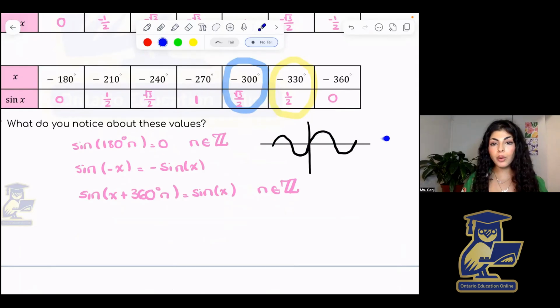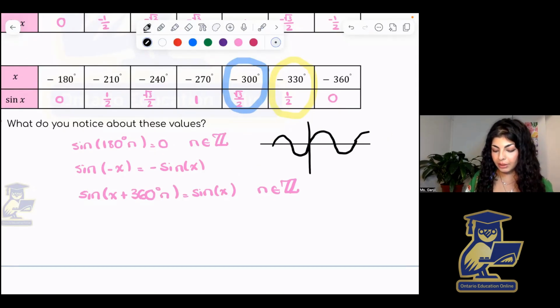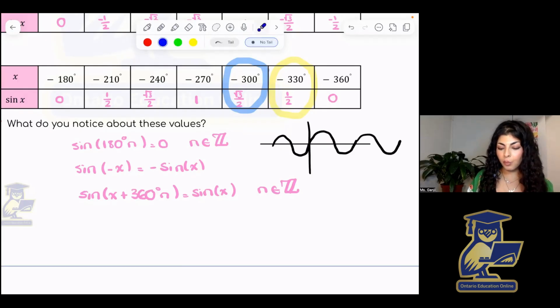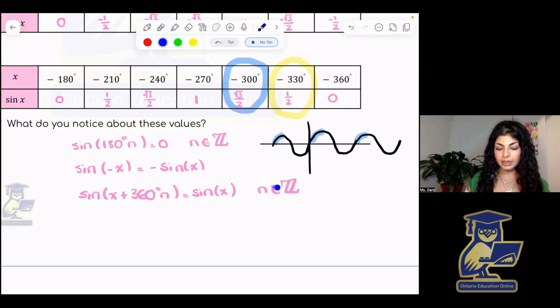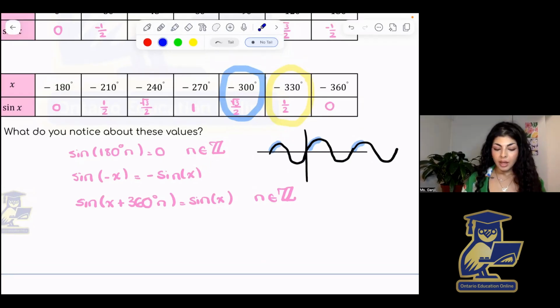But also, if I go 360 degrees to the right and I extend my cycle this way, then the same will hold. All of these values here are the same portion of the graph that's just being repeated. And again, this is just adding one cycle over to the right, or in this case of negative integers, we are moving n cycles to the left.